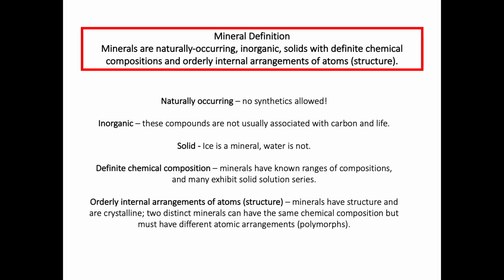And really, the pieces of this definition that are going to matter a lot to us today as we go forward are that definite chemical composition and the orderly internal arrangement of atoms in a mineral, which gives a mineral structure.